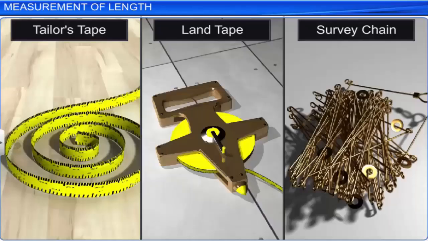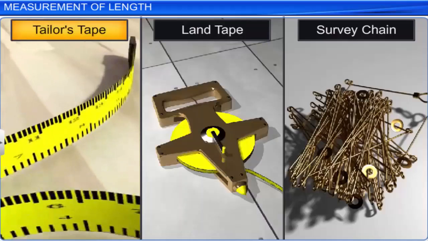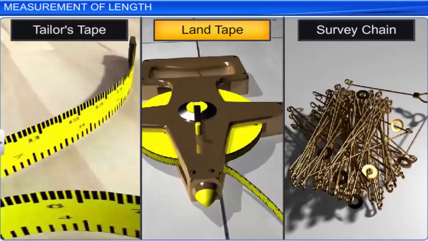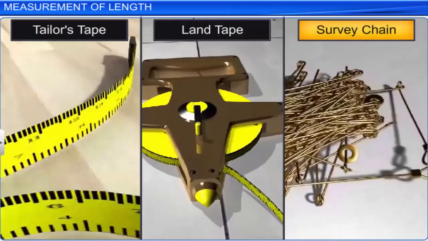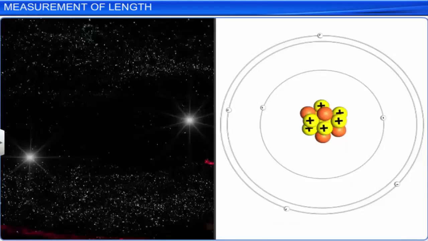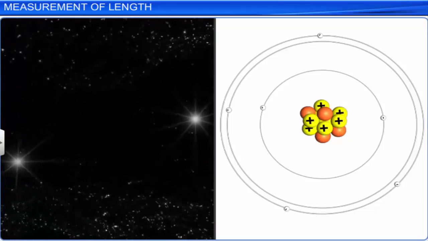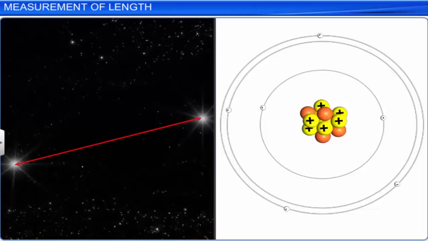You can easily measure length of various entities using appropriate instruments such as a tailor's tape for length of a cloth, a land tape for length of a building, a survey chain for length of roads, etc. However, lengths to be measured can be as large as the distance between two heavenly bodies or as small as the radius of an atom.